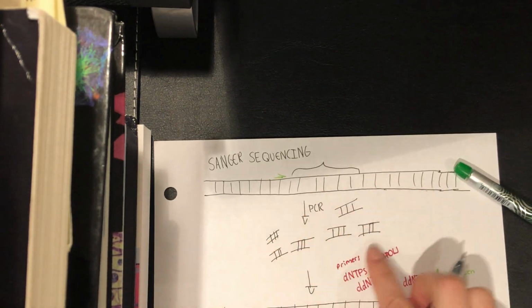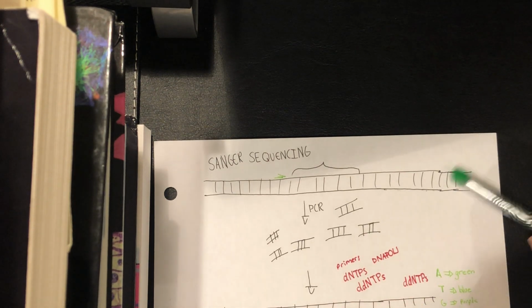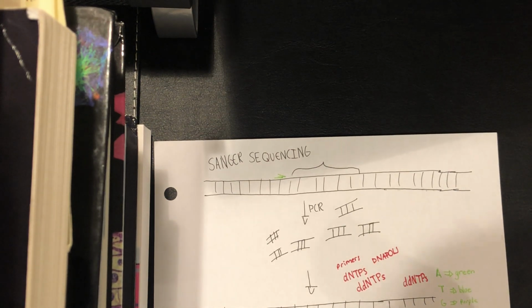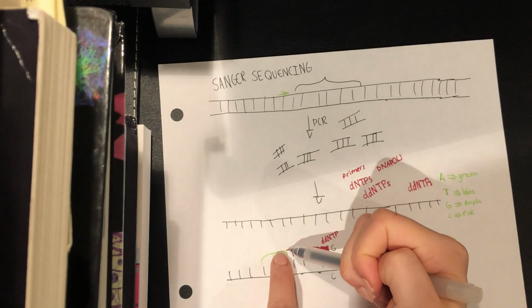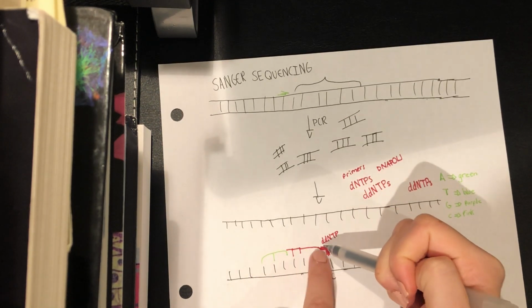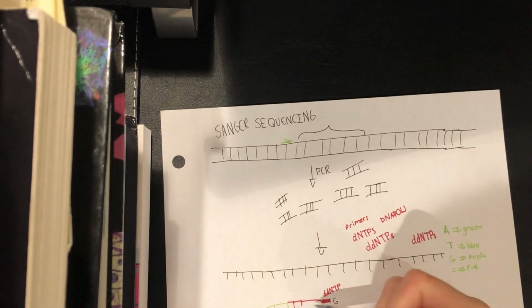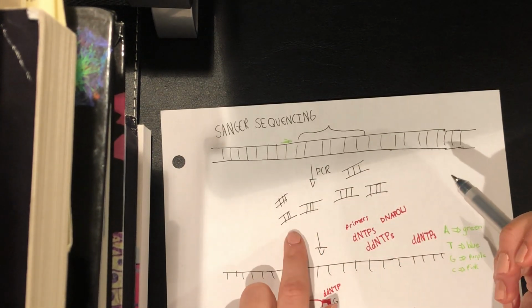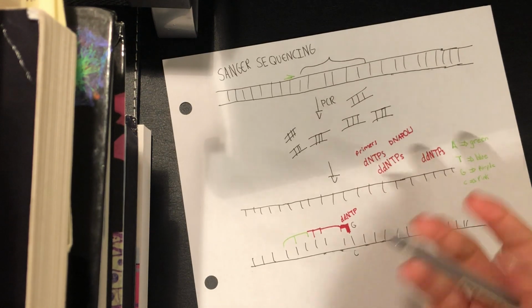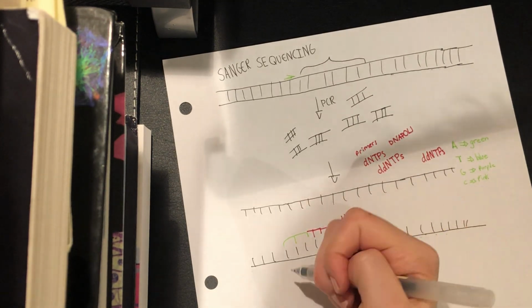And so that's the reason why we had to actually amplify all this DNA, because what we want is a ddNTP to be placed on every single one of these complementary strands for our complementary bases for each one of these strands. So hopefully that kind of makes sense.